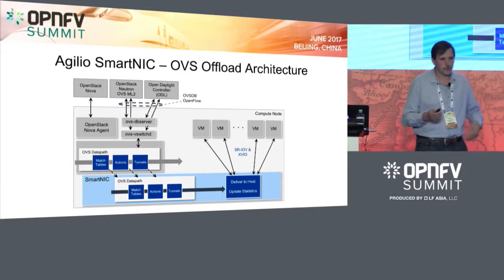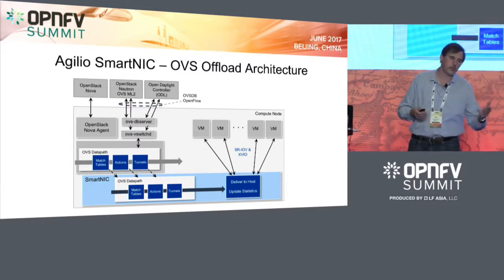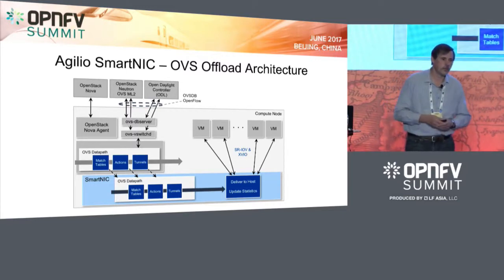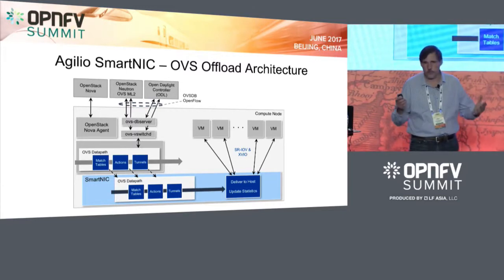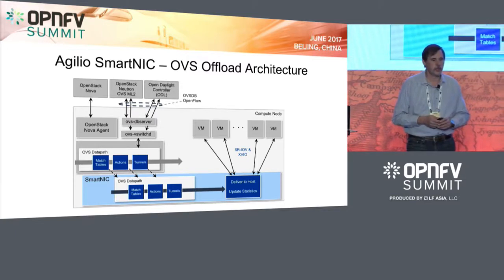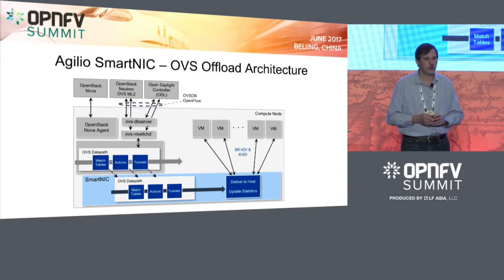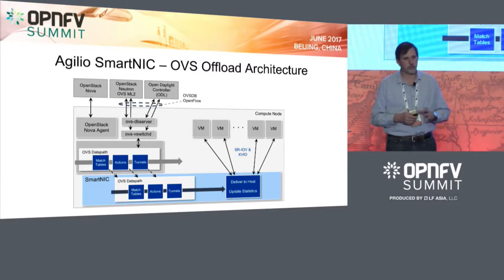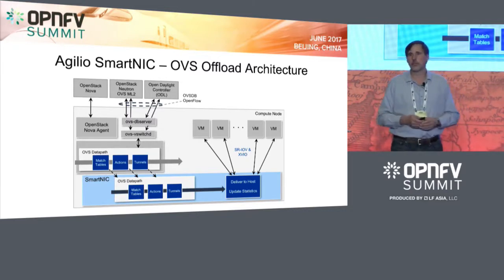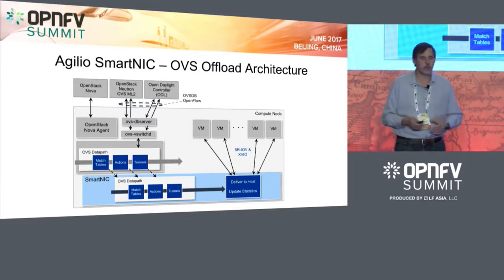Of course, SmartNIC is a generic term. So we're showing the Giglio, which is the Netronome SmartNIC, here as a reference architecture. In the case of the Giglio, there are various data planes that we support, but here we're showing the OVS data plane offload technique that we have.